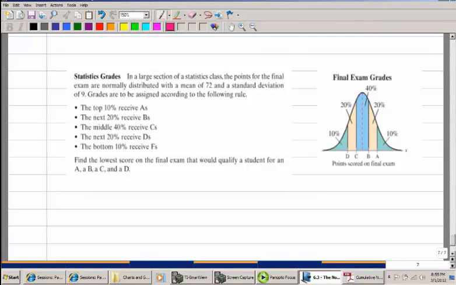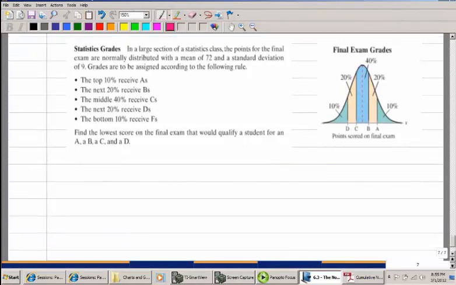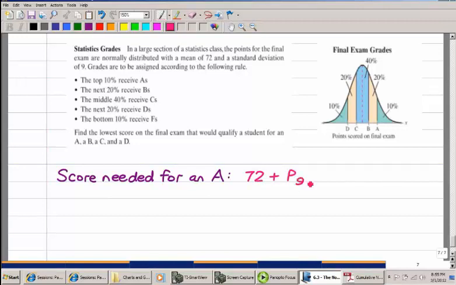So, for example, to calculate the score needed for an A, essentially the top 10% means the cutoff would be the 90th percentile, the 90% that are below that. So it would be 72 plus P90 times the standard deviation of 9.